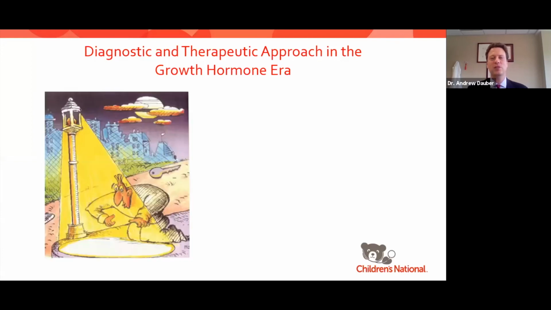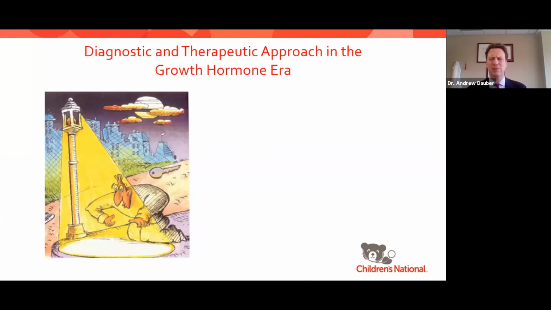The first is the story of a man walking down the street who finds another person hunched on his hands and knees under a lamppost, searching for something. He says, "Oh, did you lose something? Can I help you?" And the man says, "Yes, I dropped my keys." And the first man says, "Okay, well, is this where you dropped your keys?" And he said, "No, I actually dropped them down the block over there."